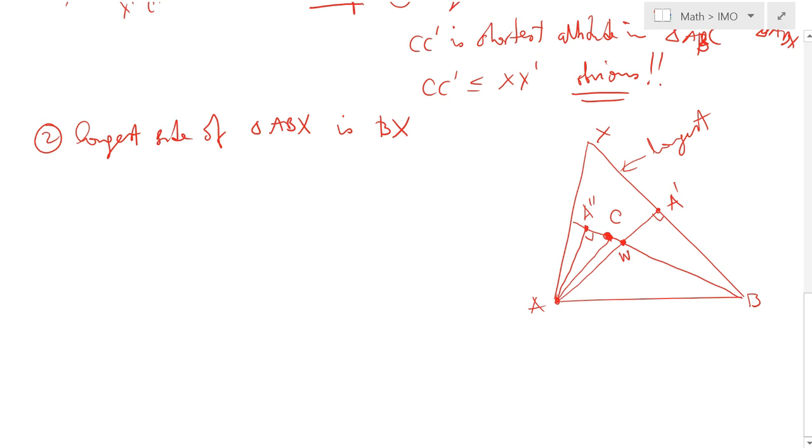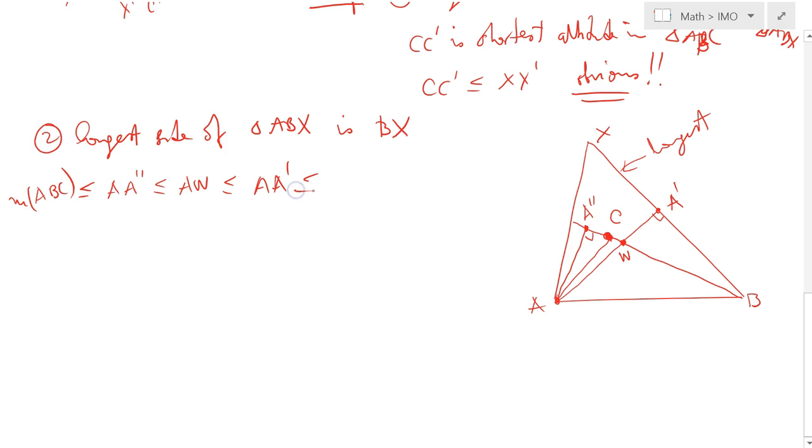Now, because we have the right triangle WA double prime A, it is obvious that A double prime is less than or equal to, actually strictly less than, but let's say less than or equal to AW, which is less than or equal to AW plus WA prime, which is simply AA prime. The left-hand side, AA double prime, is greater than or equal to the shortest altitude of triangle ABC.